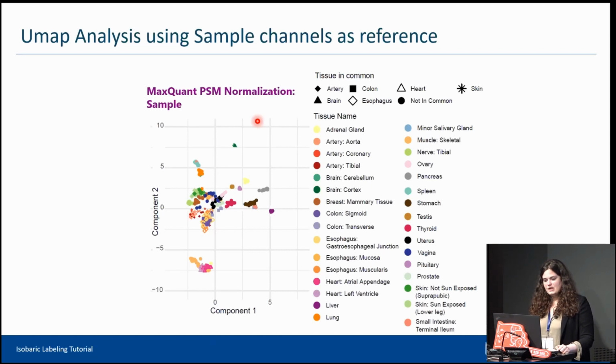So please follow the tutorial, because you will see exactly these 3 cases in the Perseus session, and you will see these 3 UMAPs in the scatter plot, where you can see these 3 differences. You will realize that when you apply the PSM normalization based on samples, it clusters based on tissue of origin.